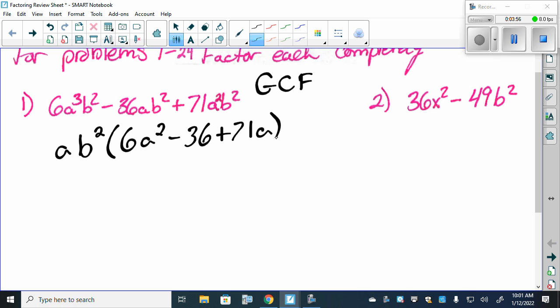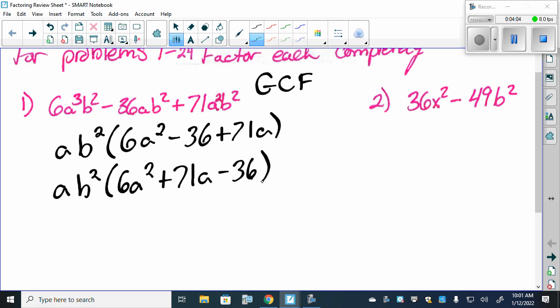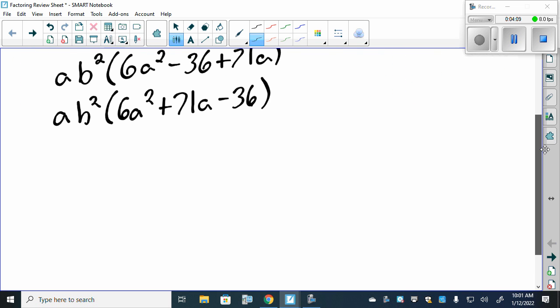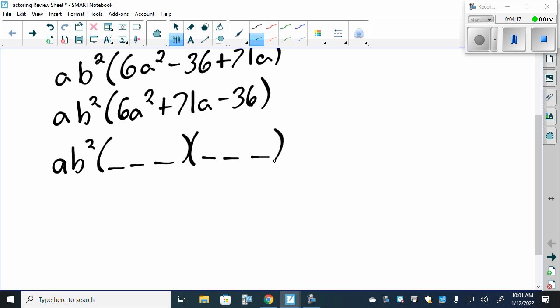Okay, I'm going to rewrite this. So I rewrote it so that it is in standard form.